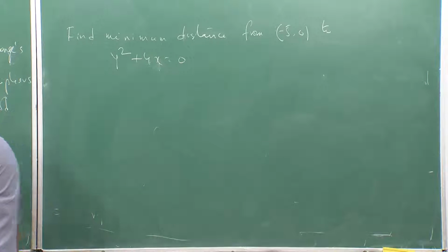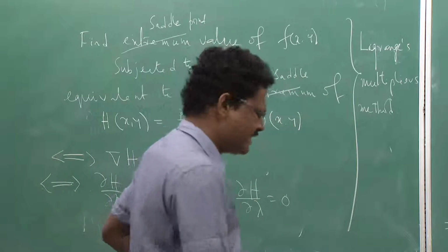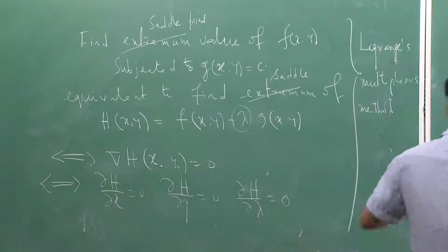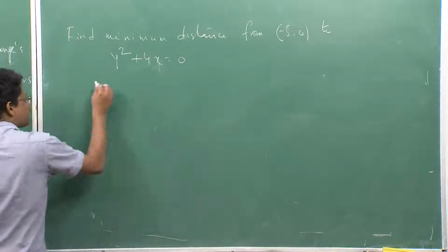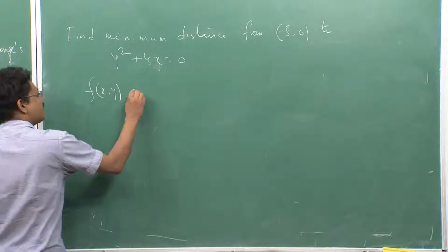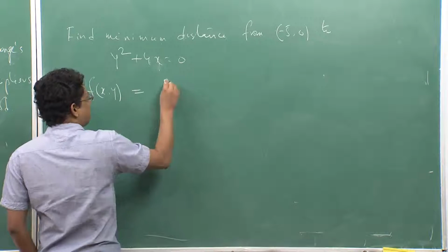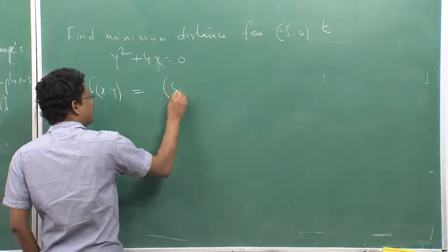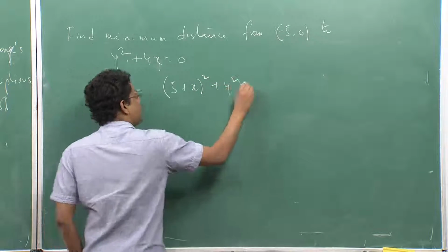As I said, as an illustration of the implicit function theorem, we can replace y square by minus 4x, x negative, but let us apply this Lagrange multiplier method here. So, what was f(x, y)? f(x, y) was the distance from (x, y) to this (minus 5, 0), that is (5 plus x) square plus y square.